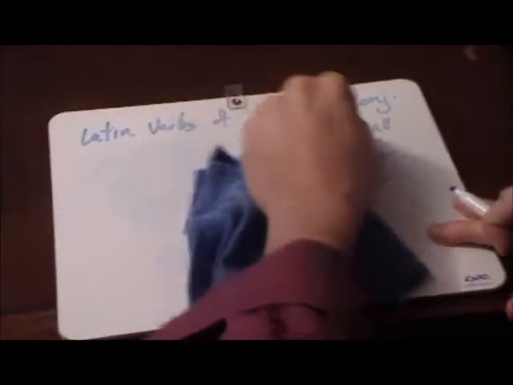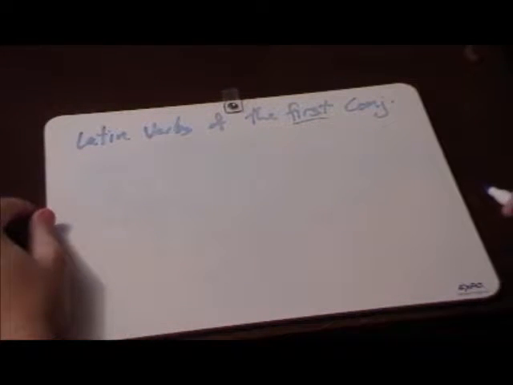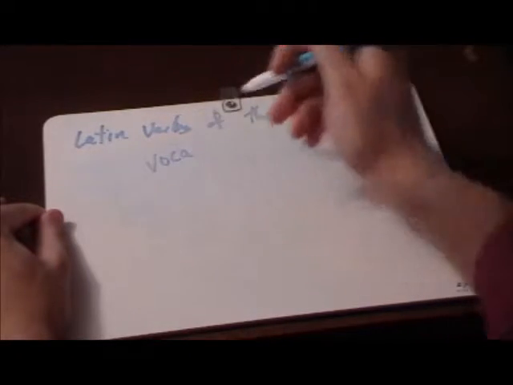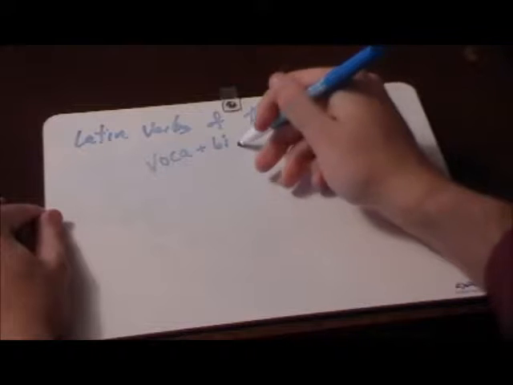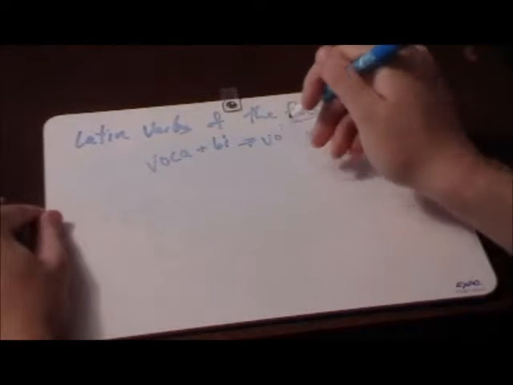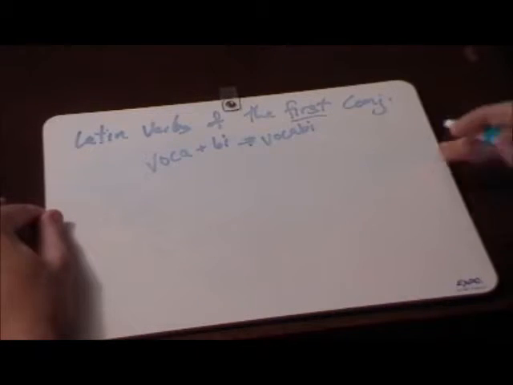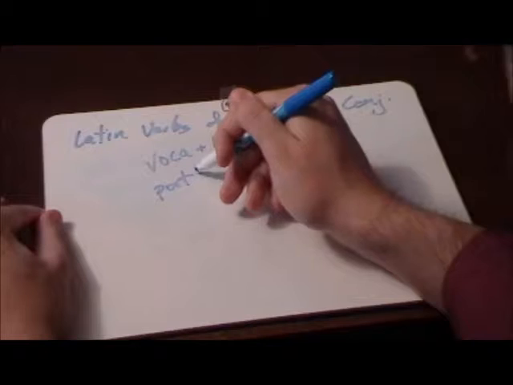So after you find the present stem, the next step is to add your BI. So say we've got voca plus BI. That leaves you with vocabi. Or you could have porta.